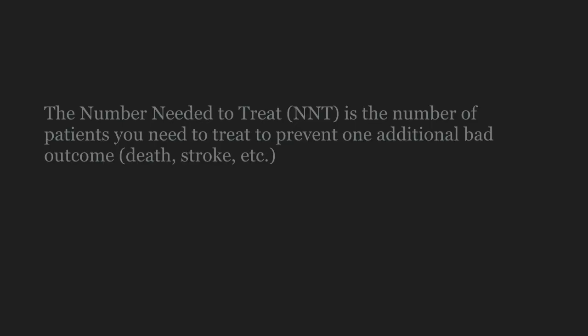Now I can calculate the number needed to treat. Number needed to treat is the number of patients you need to treat to prevent one additional bad outcome, and in our example, an additional bad outcome like impaction.